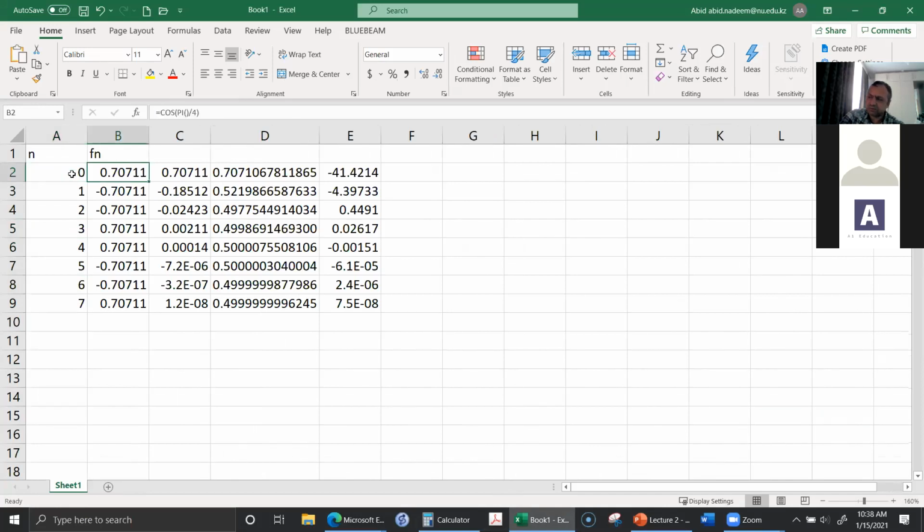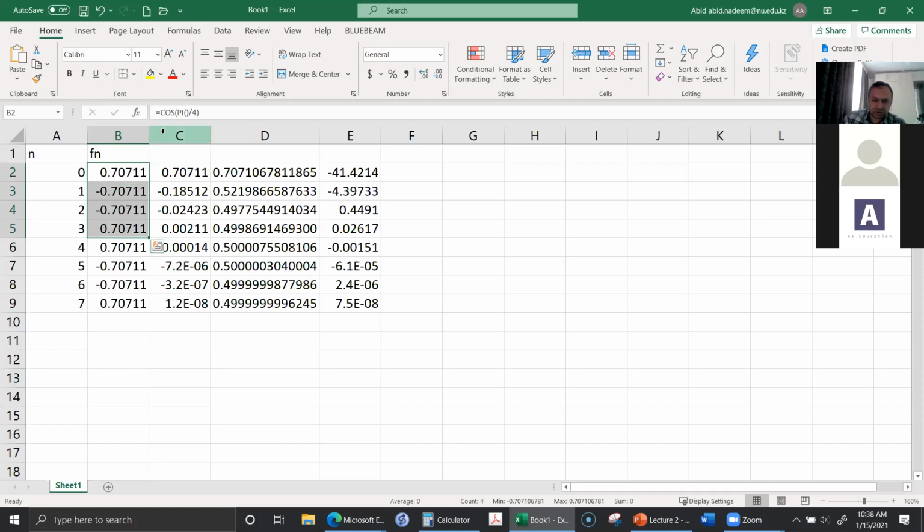In this case, the function is the cosine of x, so its derivatives will repeat after 4 entries. First it is cosine of x, then minus sine of x, then minus cosine of x, and then sine of x. Then it will again become cosine of x. So after every 4, the values will repeat.